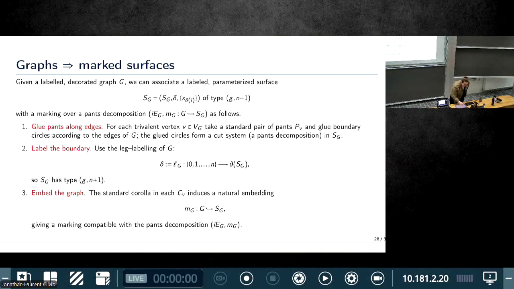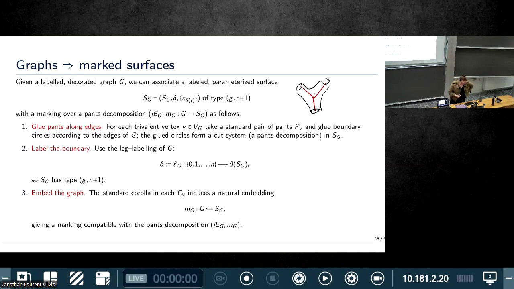So basically I take a graph and then I just do this. But I have extra information about how the graph is embedded there, because I have all that labeling. So it could be a more interesting version. Each graph uniquely determines the surface with the marking.